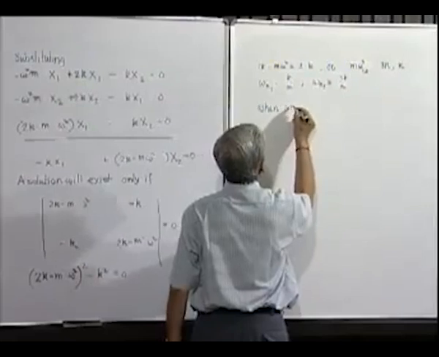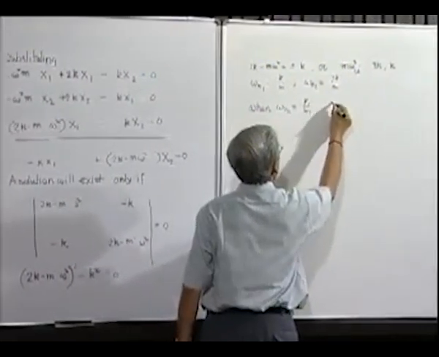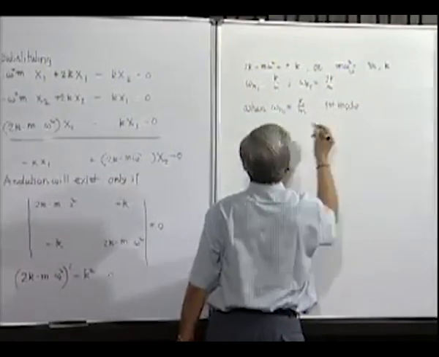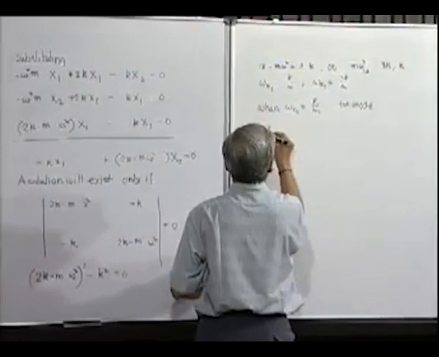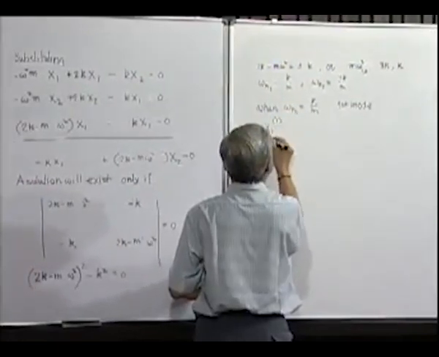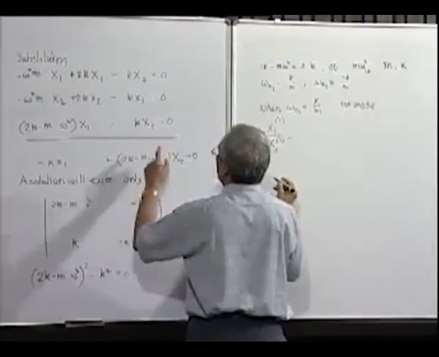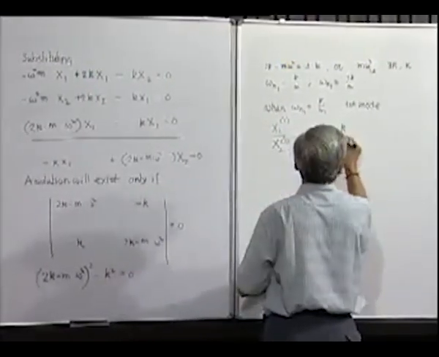Now, after we get the natural frequencies, for each natural frequency, what will be the mode shape? If we take this equation for example, and substitute the value of omega, we will get the ratio. That means, when omega n equals root k by m, let that be the first mode.